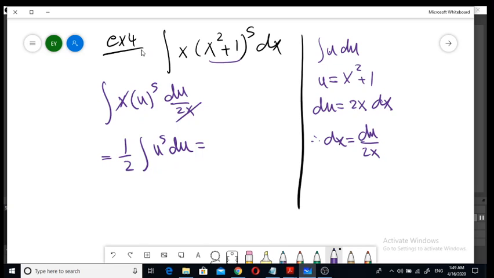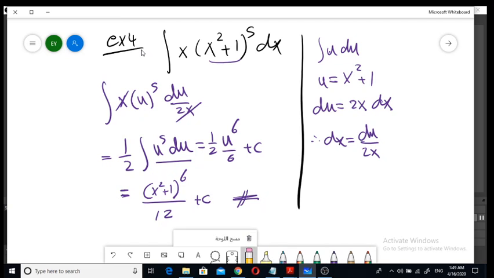Then easily we can integrate this function, so it will be 1 over 2 u^6 over 6 plus c, and we are going to replace u again by x squared plus 1. So finally we have (x squared plus 1)^6 over 2 times 6, which is 12, plus c. And this is the final answer.